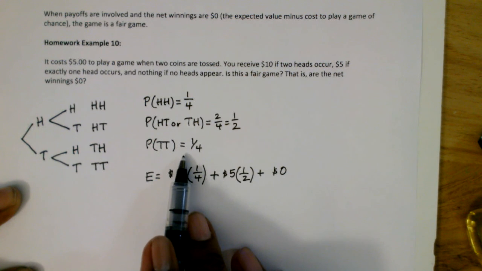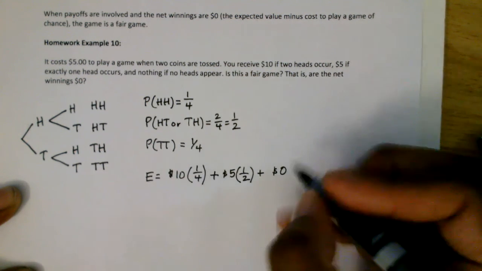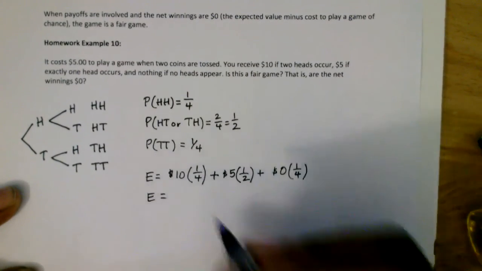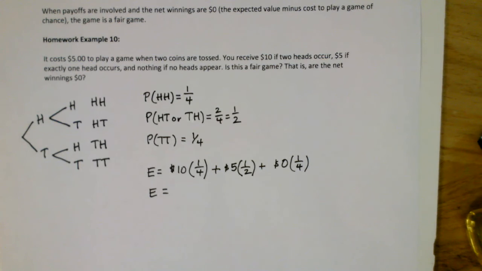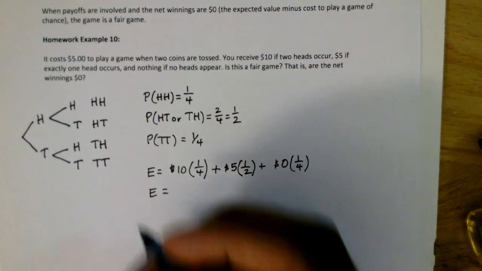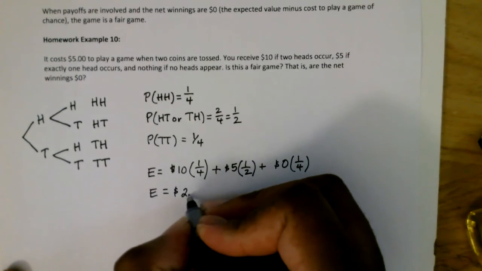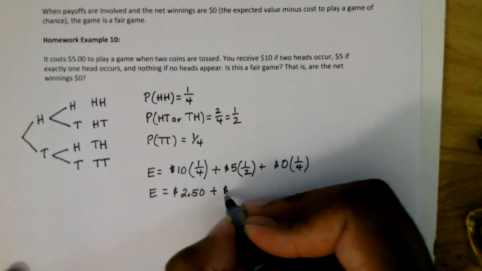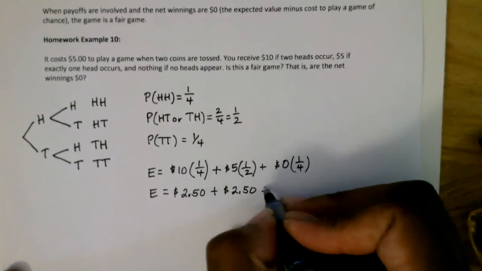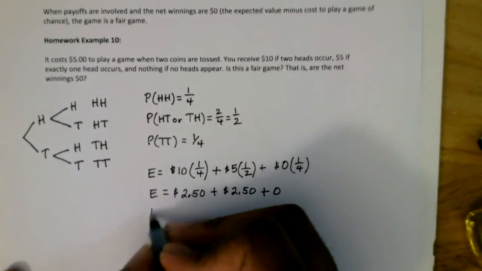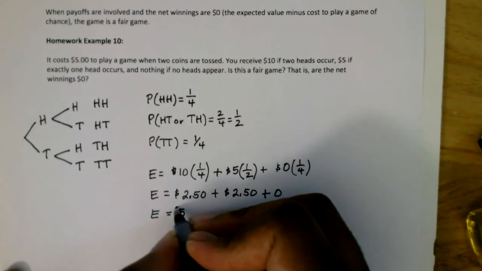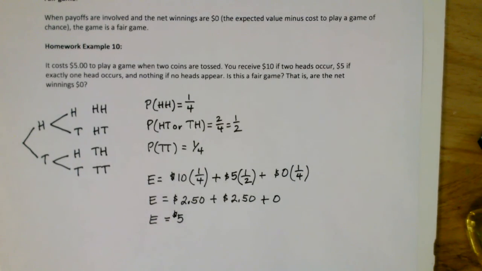The probability that no heads occur would be 1/4, so it'd be 0 times 1/4. All right, so if I do $10 divided by 4, that's $2.50. Plus $5 times a half will also be $2.50. Plus 0 times a fourth will be 0. $2.50 plus another $2.50 will be $5.